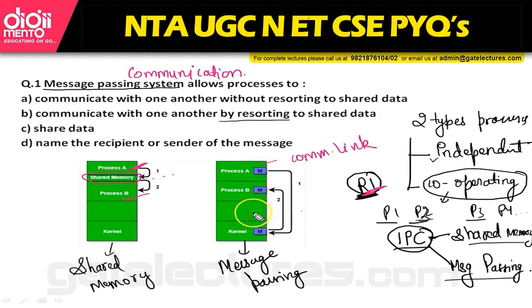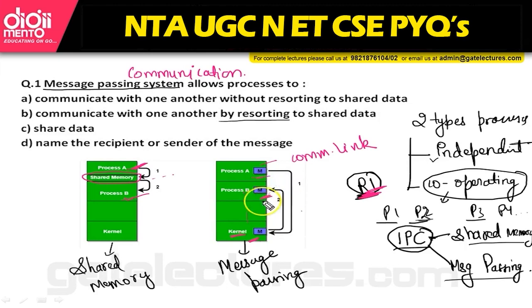In the diagram you can see process A is running on some data. After its execution, it will tell the kernel that it has done these updates. Now the kernel has the responsibility: when process B wants to work on the same type of data, the kernel will tell process B that the updated value is this and you have to use this one.